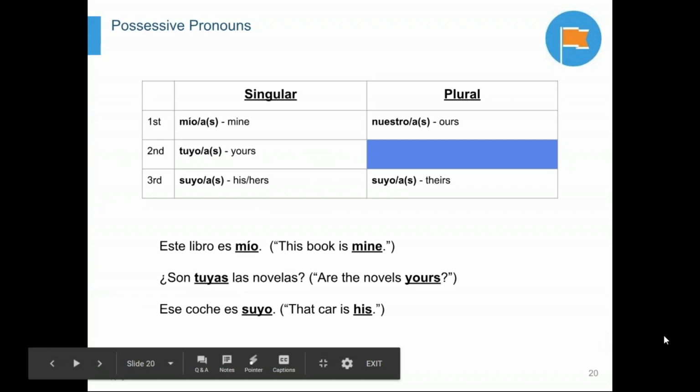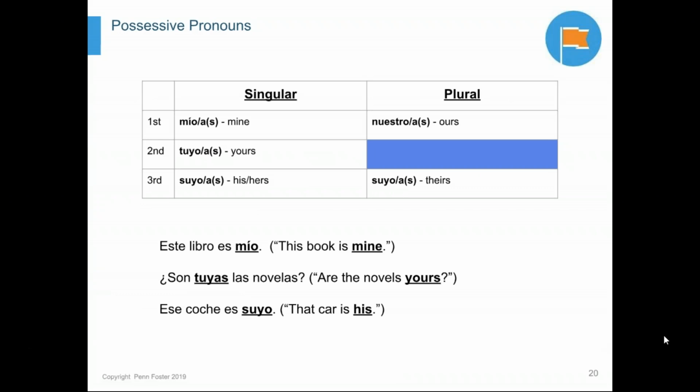Okay, as we move on, we're going to transition to possessive pronouns. And this is the type of pronoun that shows ownership or possession. And here, in this case, the number and the gender play a factor as well. These pronouns must agree in number and gender with the noun they have replaced or that they refer to.